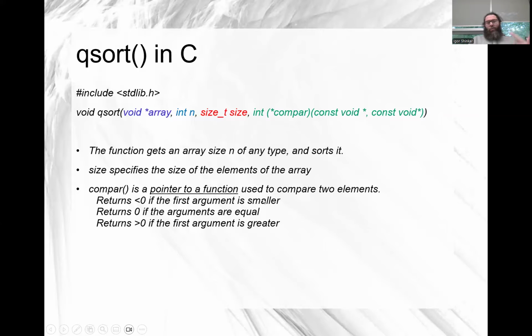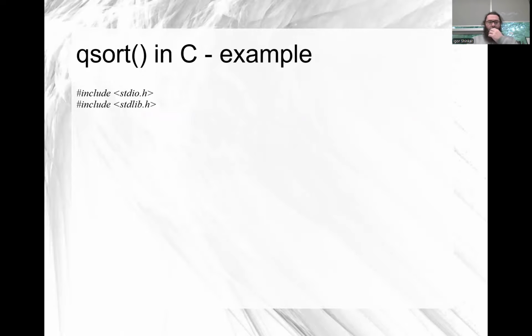It gets two numbers, for example. It returns something less than 0 if the first argument is smaller, namely it should be earlier in the array. It returns equal if the two numbers are the same, and it returns a number greater than 0 if the first argument is greater, namely it should come after the second in the sorted array. Let me give you an example.